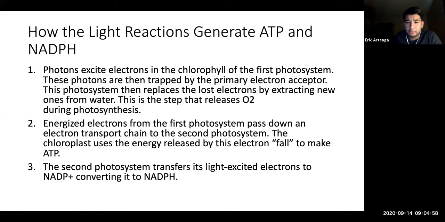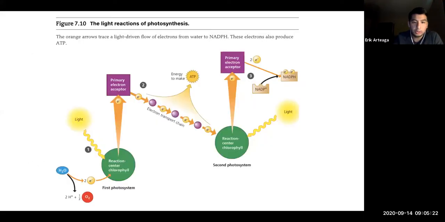Energized electrons from the first photosystem then pass down an electron transport chain to a second photosystem. The chloroplast uses the energy released from this electron fall to make ATP, or energy, right? The second photosystem transfers the light excited electrons to NADP plus, converting it to NADPH, right? So here we have the systems showing working, right?